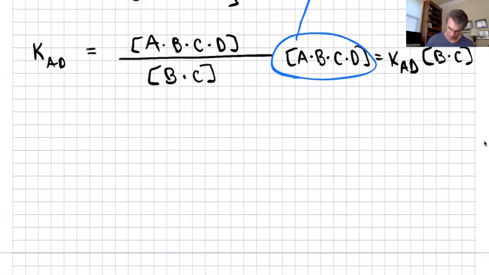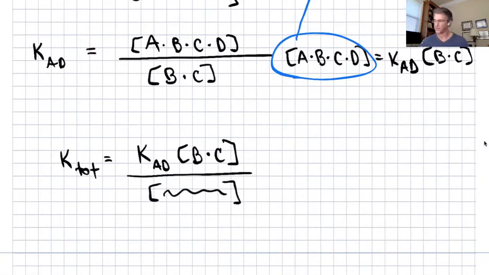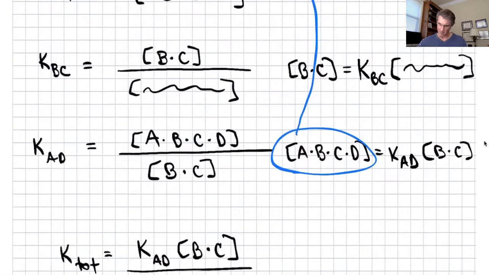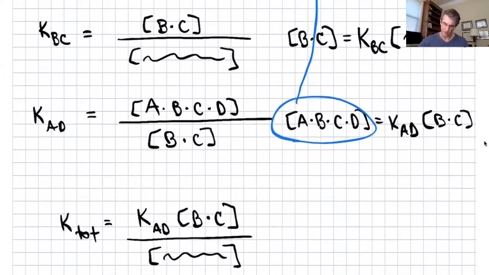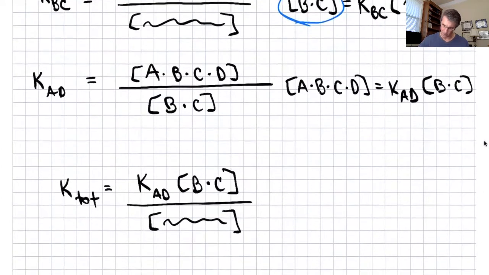My K total now is simply going to be equal to KAD times the concentration of the protein with just the BC interaction divided by squiggle, the unfolded protein concentration. Okay, but I've also got a definition here for BC, right? Look at that. I can take this and substitute it in here.